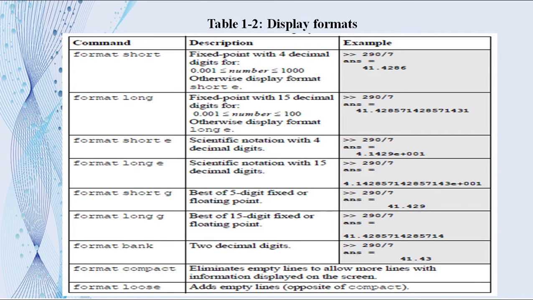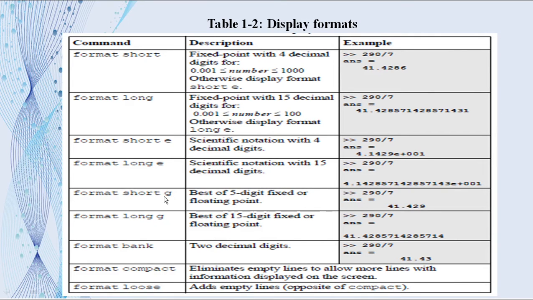So here we had 41.4286, that becomes 4.1429, because rounding of this decimal 6, greater than 5, so this 8 becomes 9. Likewise, scientific notation with 15 decimal digits.